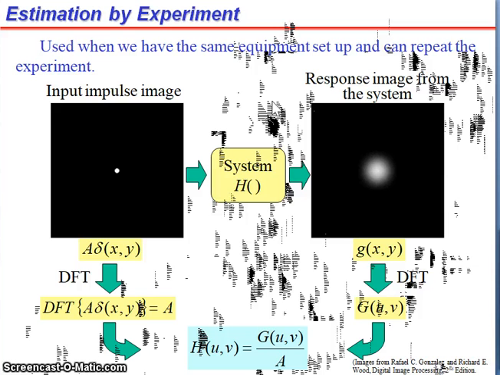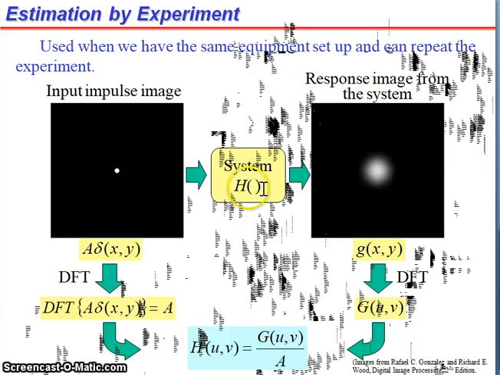To find out that system failure, where the particular drawback is, for the same system, if you give this type of input image, it should give the same image. But here the system output is not exactly like the input impulse image. That means this is a degraded image.